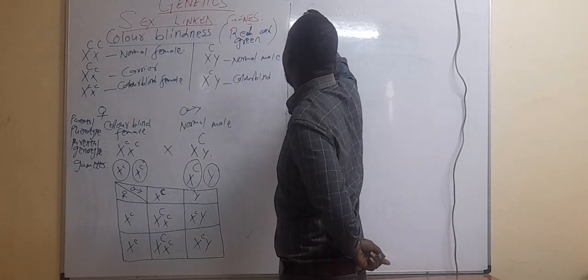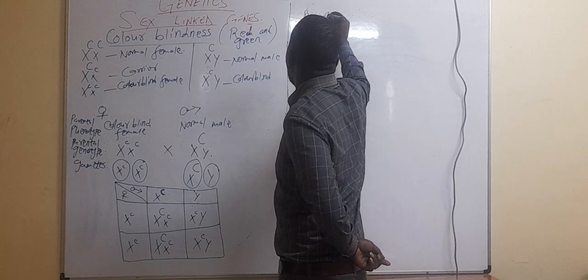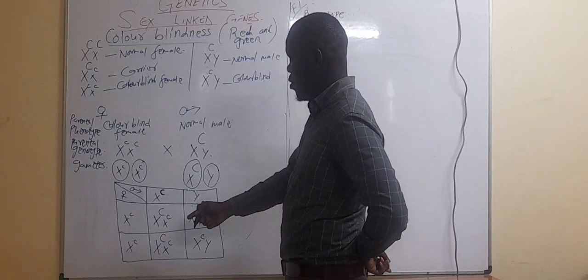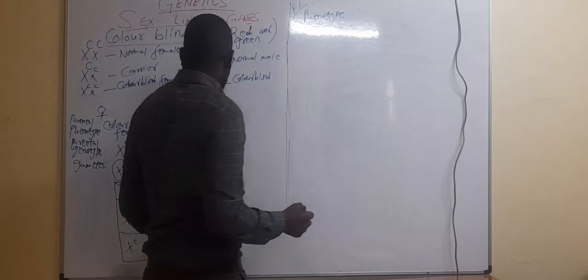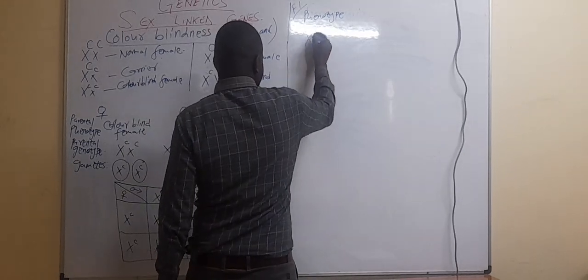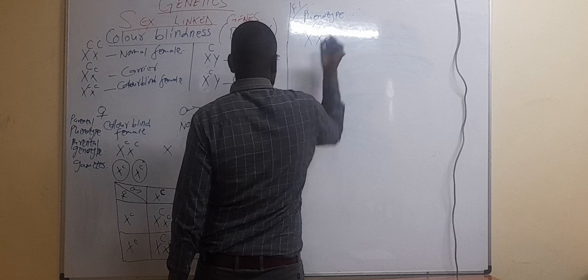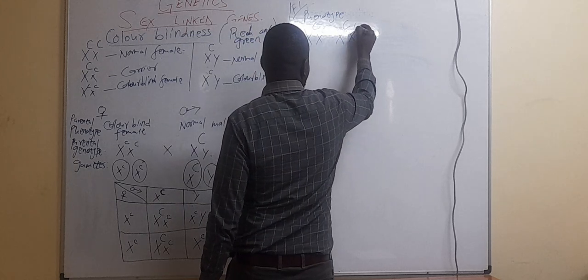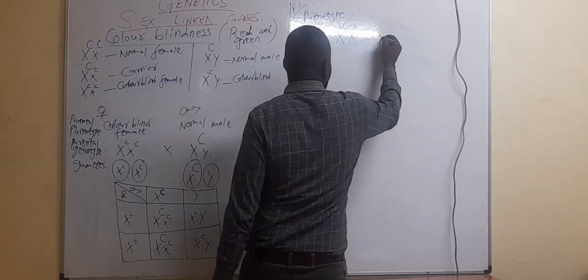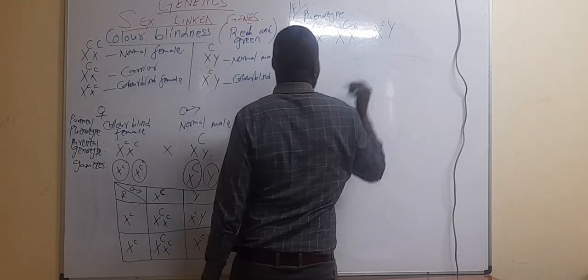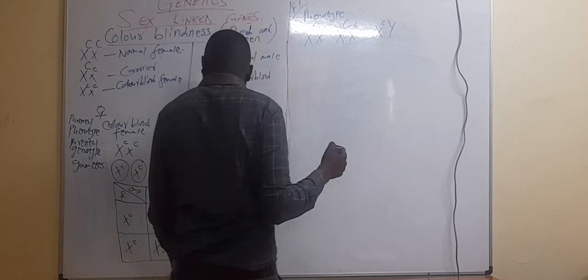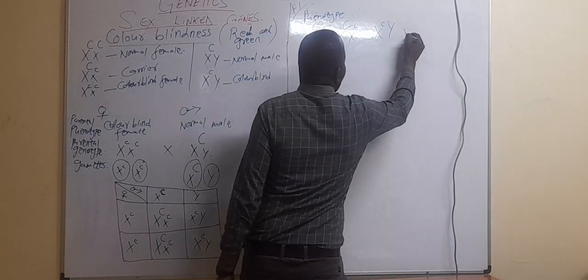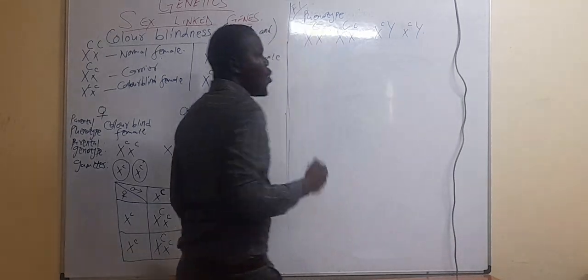Our F1 phenotype: you can check from this. You have X capital C, X small c, then again X capital C, X small c, then X small c, Y, and X small c, Y. So what does it mean?